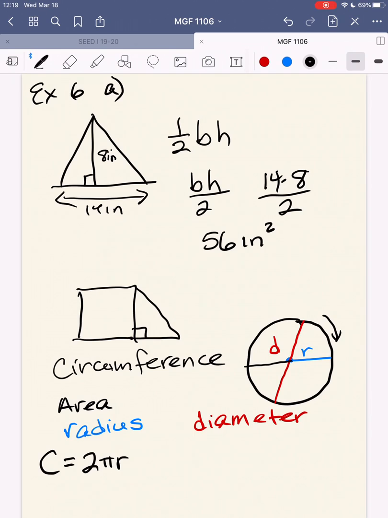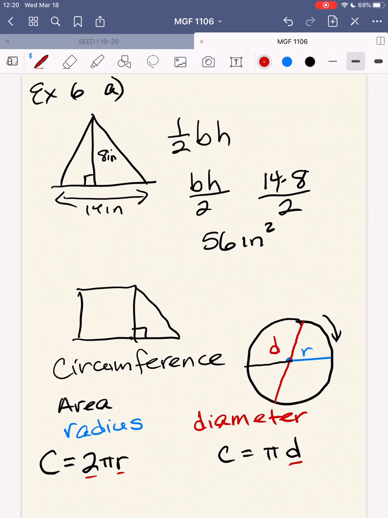So if I'm given the radius, I'm going to use 2 pi r. Okay, if I'm given the diameter, it's just pi times the diameter. So that 2r is the same as the d. So they're really the same formula, they just look a little bit different.